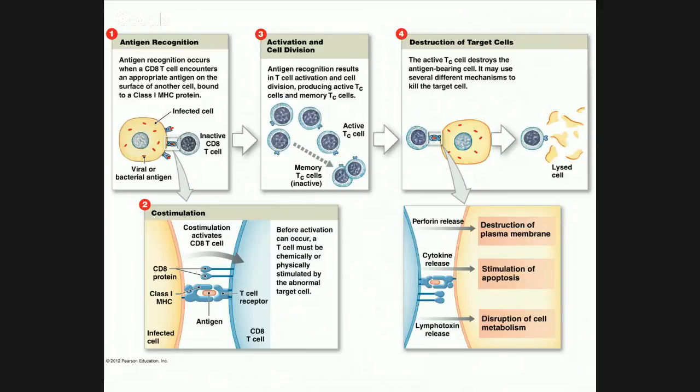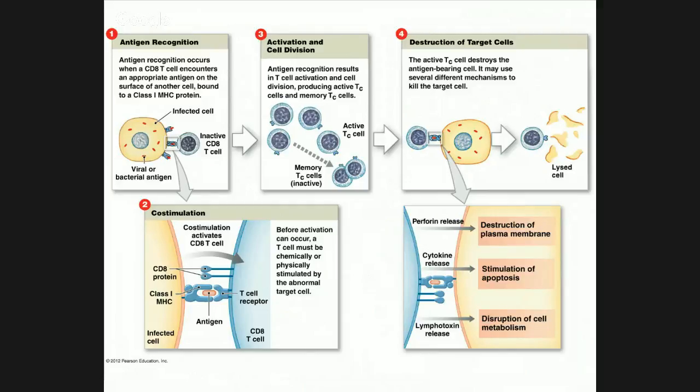Sometimes active cytotoxic T cells are also called killer T cells. Basically the same thing. Cytotoxic means toxic to cells, so they're going to kill other cells. So sometimes we just call them killer T cells.